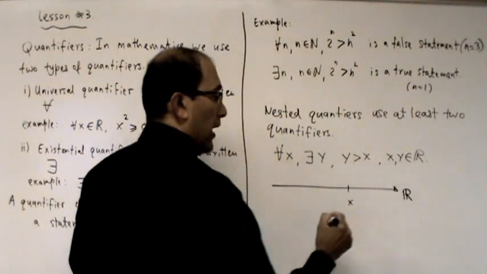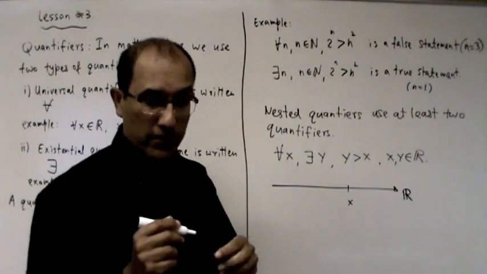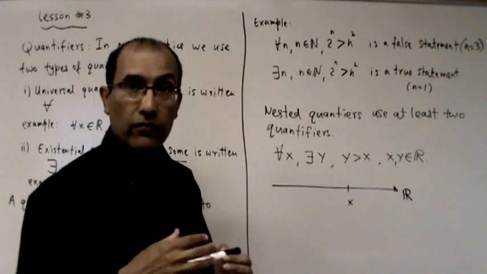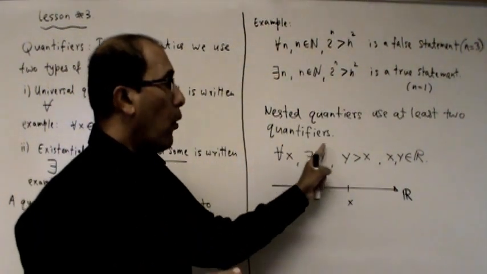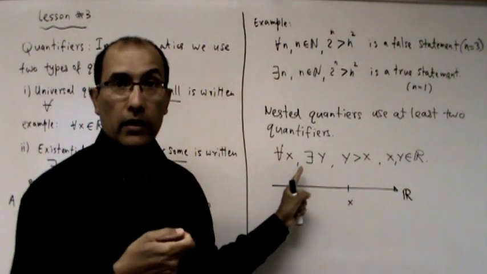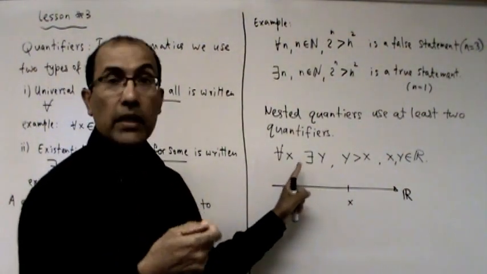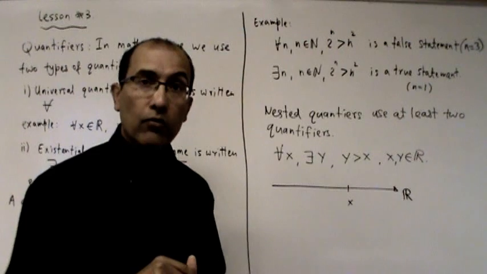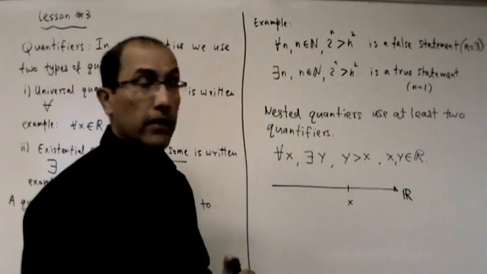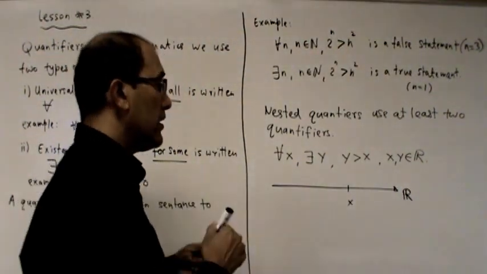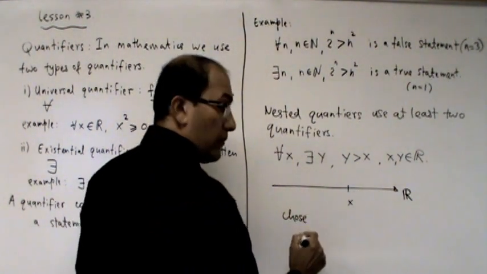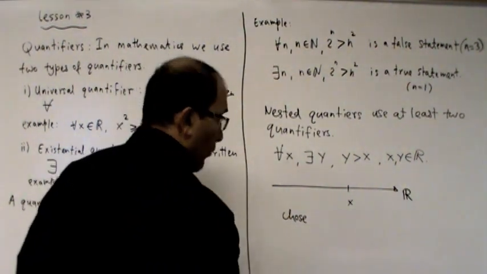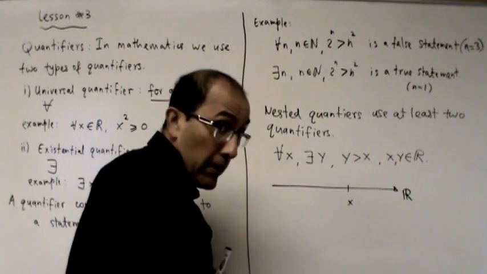I can take any x on the real numbers. For any x in the real numbers, there exists a y. So for some, that means I need to produce at least one y which is bigger than this x. And I can easily do that if I choose my y to be bigger than x.